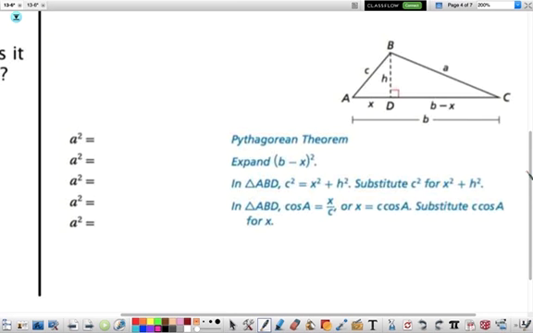X and B minus X. Well, let's focus on this triangle for a second. You see that it's a right triangle. How can you relate all the sides together of a right triangle?